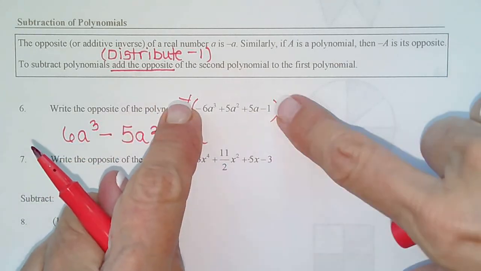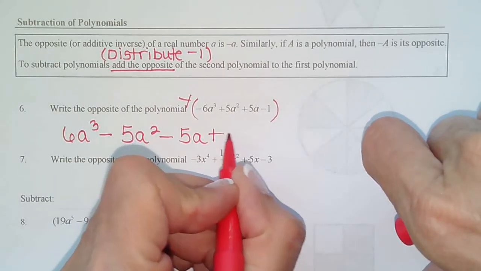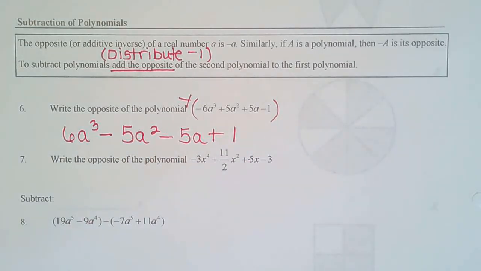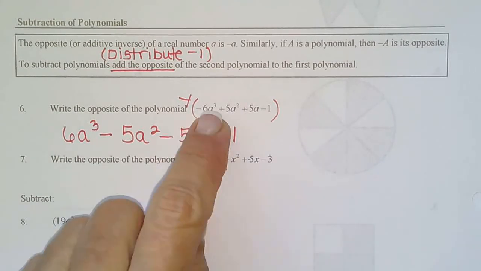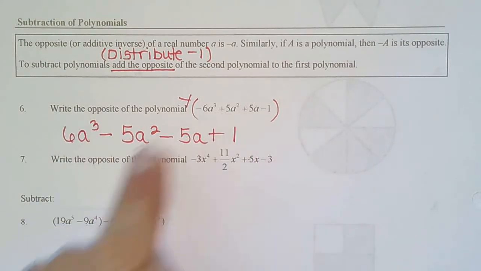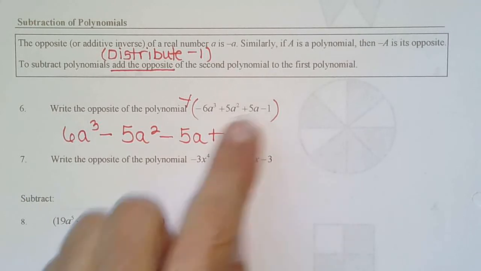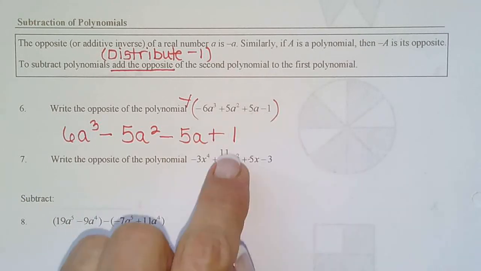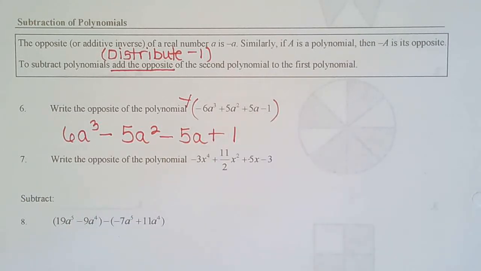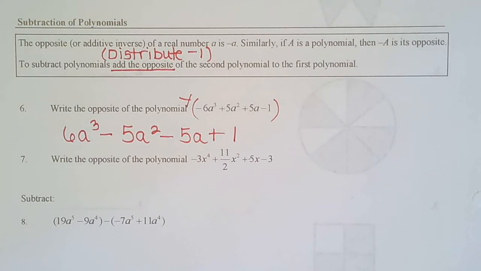Negative 1 times negative 1 is positive 1. So what you should notice is when you do the opposite, really you're just changing all the signs. Negative to positive, positive to negative, positive to negative, negative to positive. That's all opposite means, is change the sign.